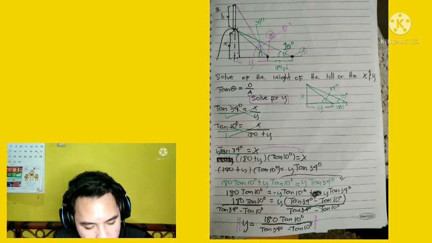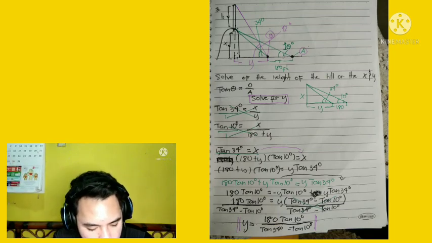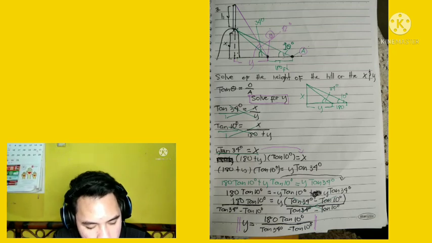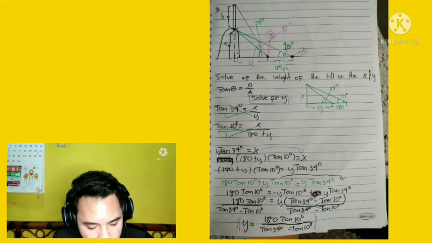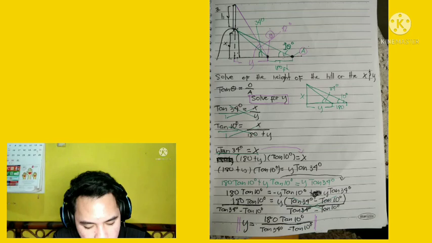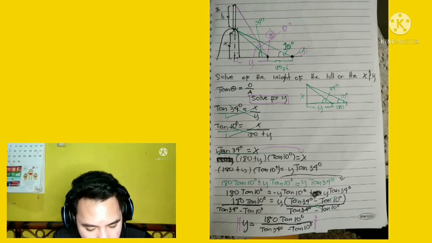So cross multiply both of them, so we will get y tangent 34 degrees equals x, and 180 plus y times tangent 10 degrees. To solve this, we can substitute our x here. So 180 plus y times tangent 10 degrees is equal to y tangent 34 degrees.